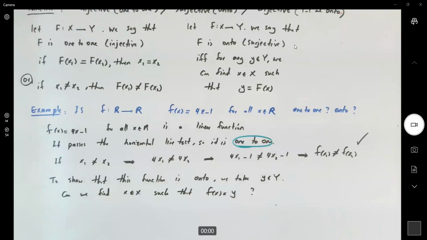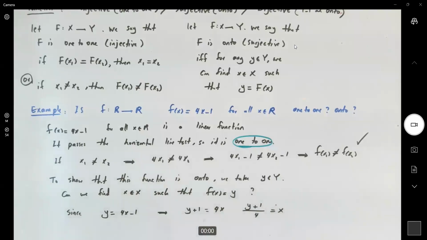This is y equals 4x minus 1. Since the y value is defined as 4x minus 1, it means that y plus 1 is equal to 4x, am I right? Or y plus 1 divided by 4 equals x.